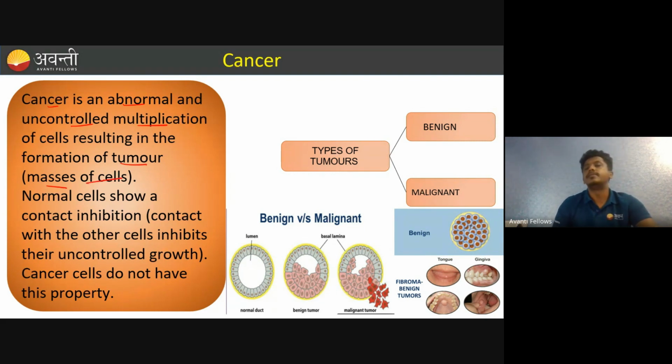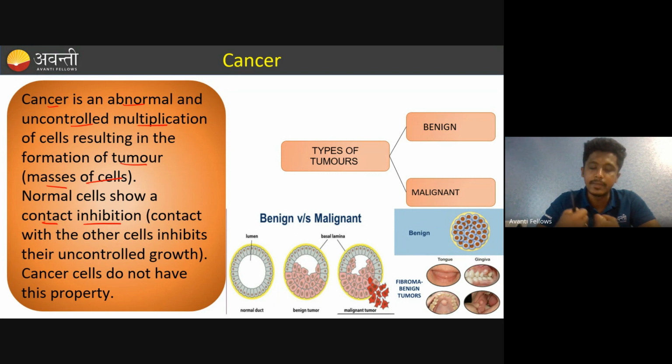Now, usually, the cell's capability to recognize how much I should divide and how much I should not divide is called contact inhibition. When normal cells divide, they know exactly how much their division should last, or when they should stop the division. So when they have reached a certain extent, that means that they are able to sense something. What do they sense?